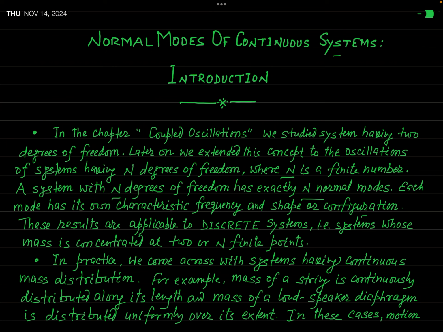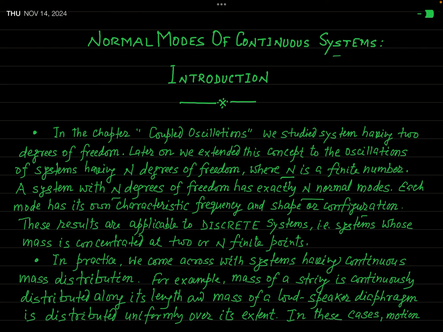And as here n is a finite number, and you have seen in my lectures on coupled oscillations, the ideas which we have developed in that chapter are actually applicable to discrete systems. When you talk about a discrete system, what does it mean?